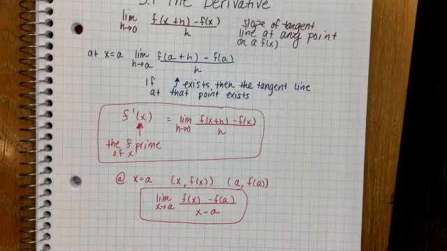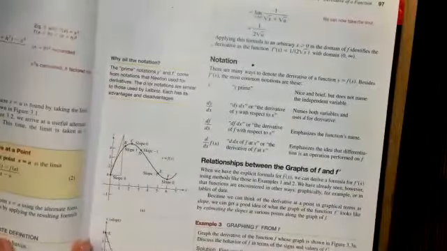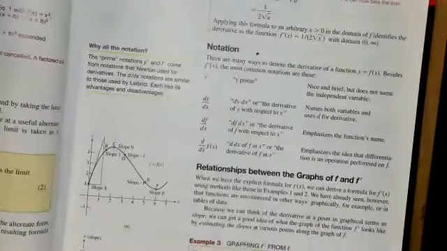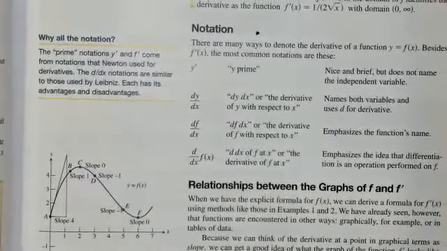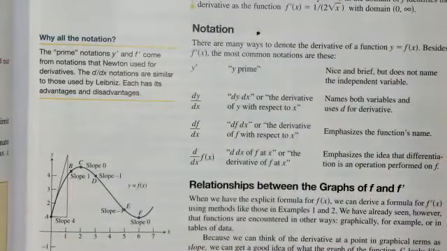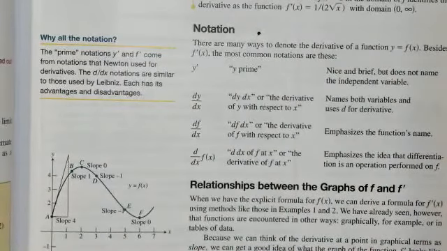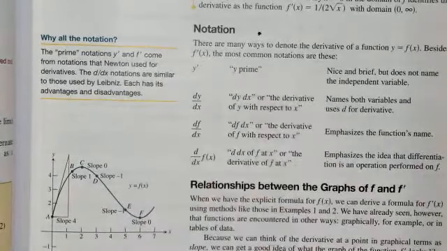There are a lot of different notations for f prime of x. So in your book, on page 97, let me zoom in here. These are all different ways to denote the derivative of a function. F prime of x is the most common.